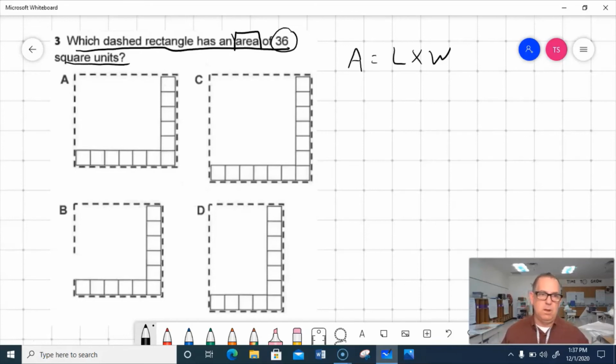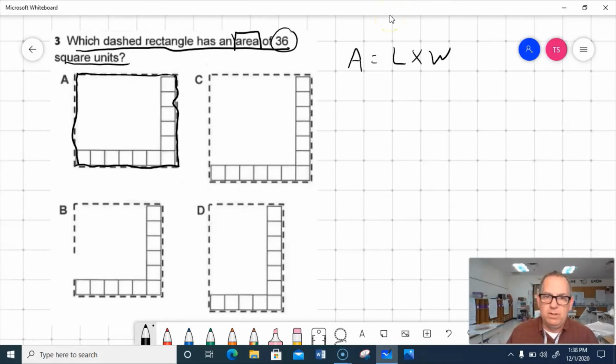Something else we need to pay attention to is the dashed part. On the questions we were looking at before, the rectangle was actually inside those grids. So we're looking for this part right here, the whole dashed-in area. So we're going to figure out what the area of rectangle A, B, C, and D is.